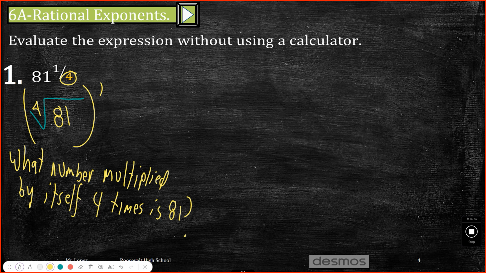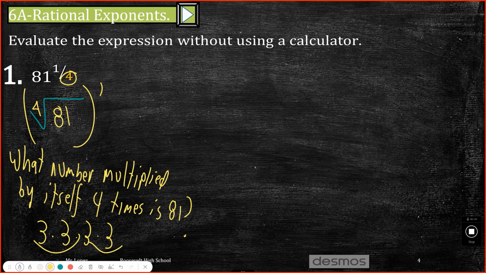That answer is 3. Multiply by itself, 1, 2, 3, 4 of them. What is 3 times 3? And what's 3 times 3? And what's 9 times 9?